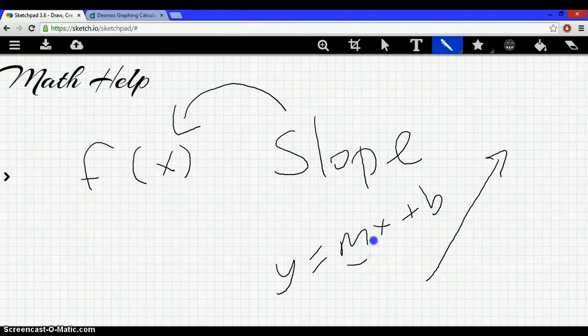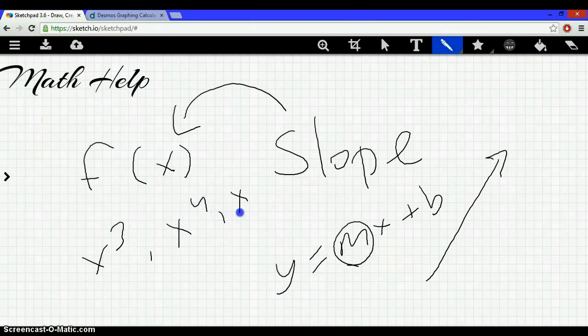The slope is given in the form of m. So what we're trying to do in calculus is find the rate of change or the slope of any function. It can be a cubic, it can be a quartic, it can even be a quintic, it can be any function, and we are trying to find the rate of change or the slope.